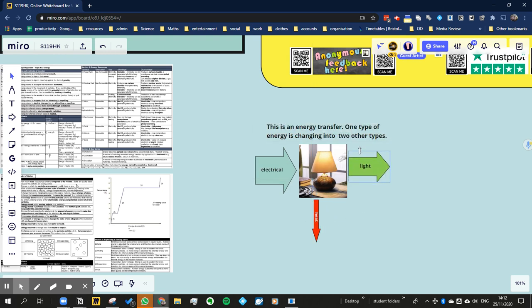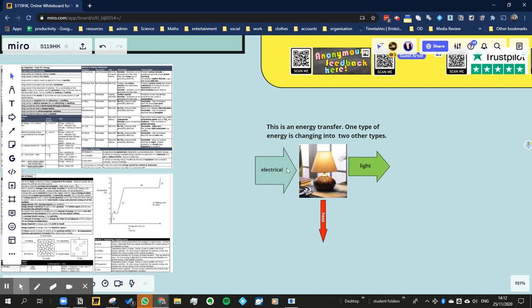So this one means that it's quite a good light. It's not producing much heat. It's producing mainly light, and of course we want that. Ideally we'd like no heat at all, because we're not turning the light on to stay warm. We turn the light on so we can see.